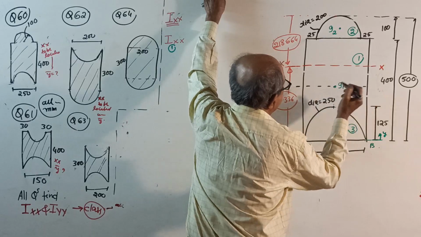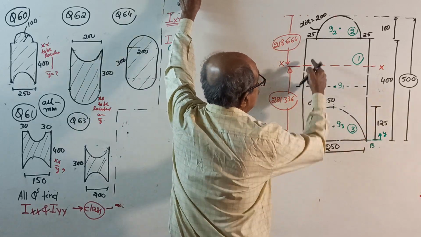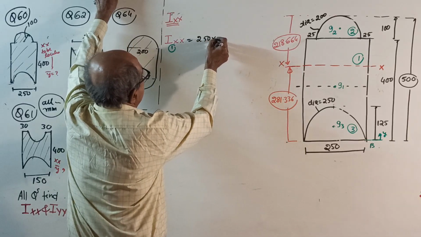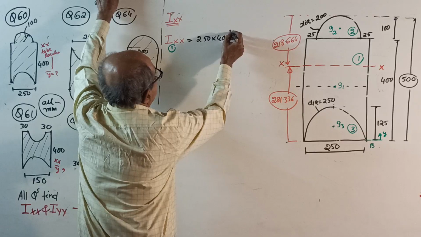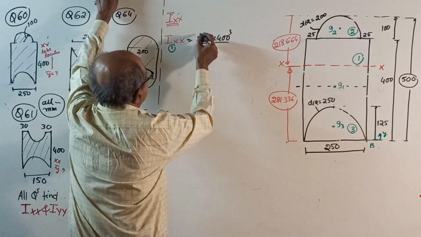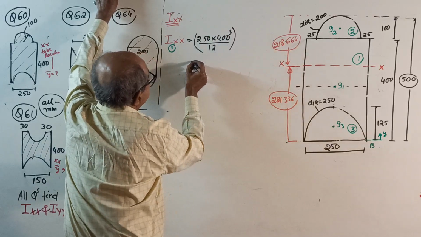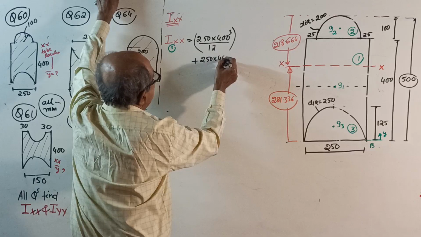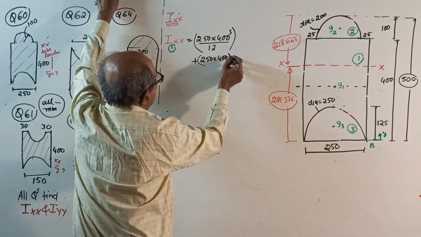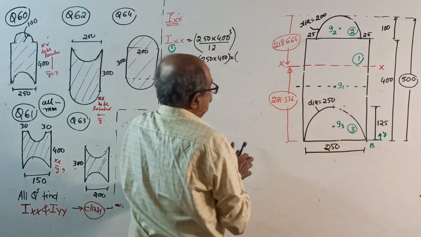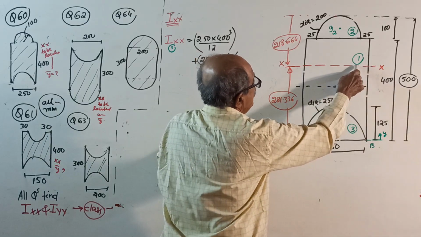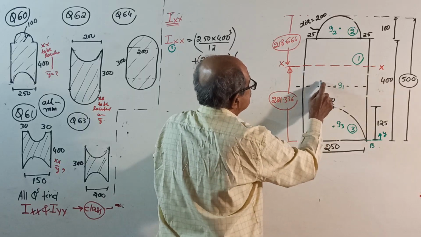Always first, the rectangle. See, 250 into 400 cube divided by 12 is Ig, plus area, 250 into 400 is the area, into the distance from the centroid of the rectangle to xx, this distance squared.